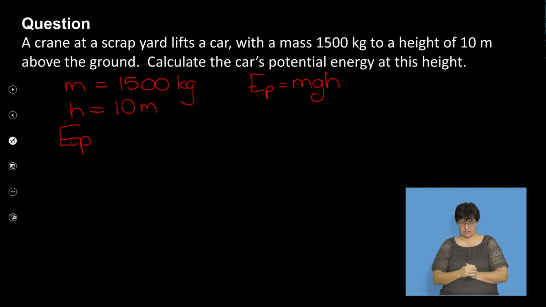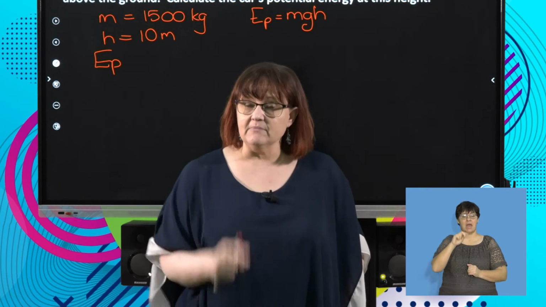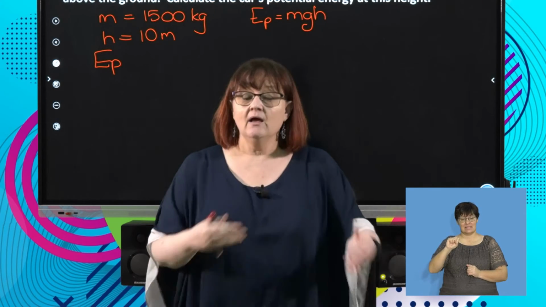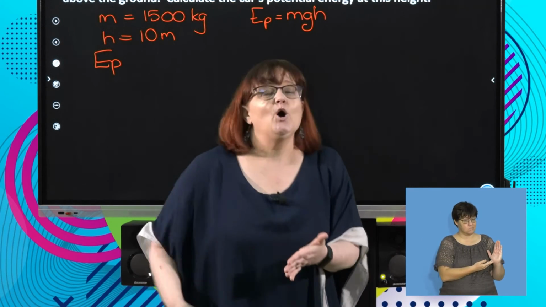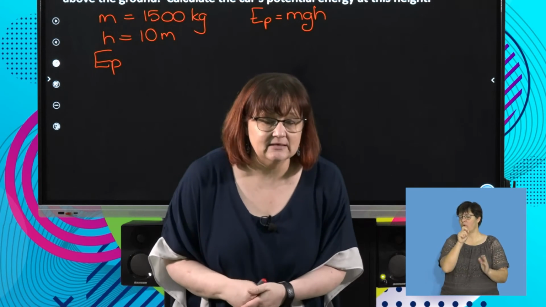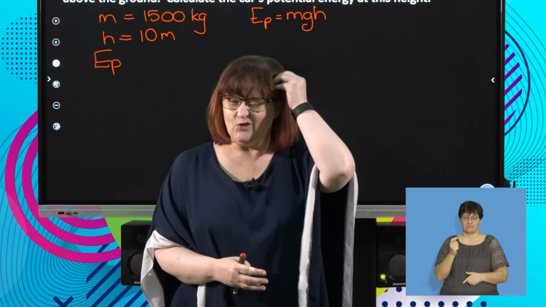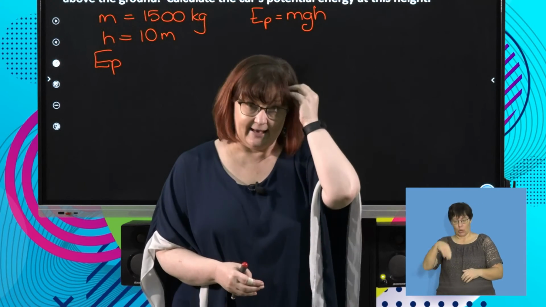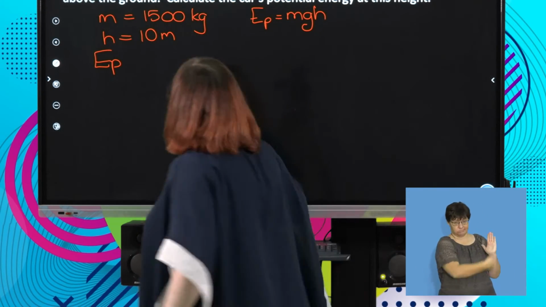Now here you need to remember, because they're not going to tell you that g is 9.8 meters per second squared. It is on your information sheet, but I'm hoping by the time you write tests and exams on this, you've worked with it so much that it's a value that's ingrained in your head. But if it's not, look it up, okay?